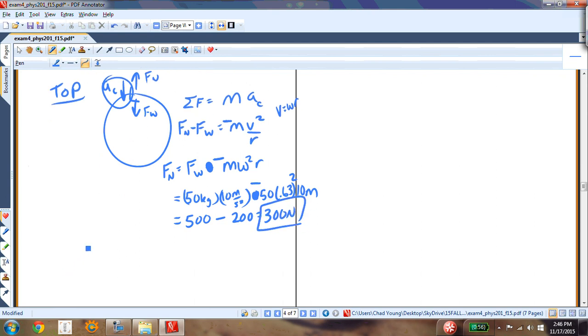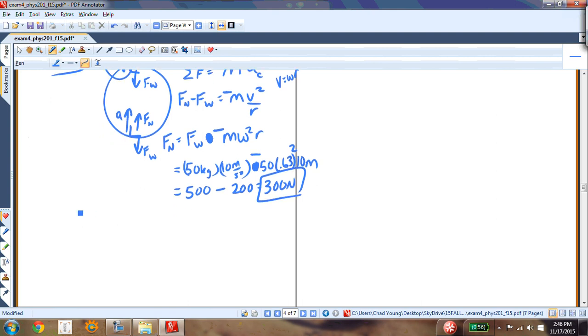And then at the bottom, it's going to look a little bit differently. At the bottom, I have Fn and Fw still, but now my acceleration is in this direction. So this is a lot like the elevator problem that we worked back in chapter 4, I guess. Now the sum of the forces at the bottom of the Ferris wheel is Fn minus Fw, which is equal to m omega squared r, equal to ma.